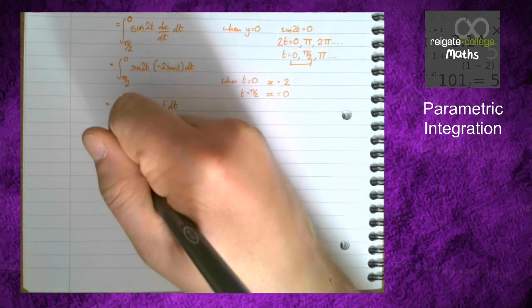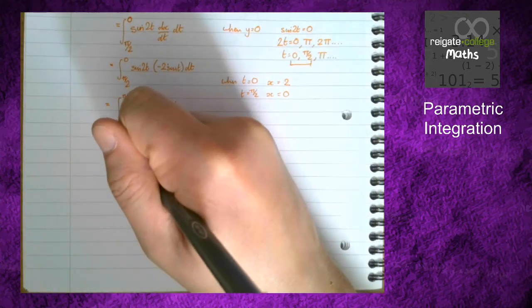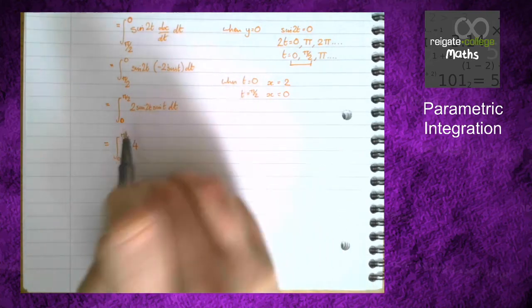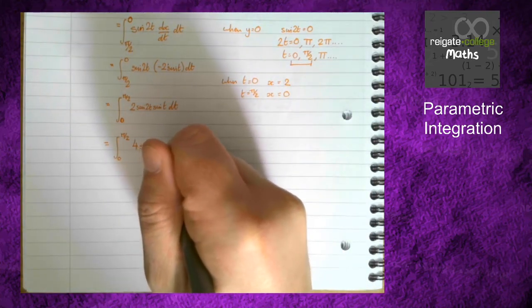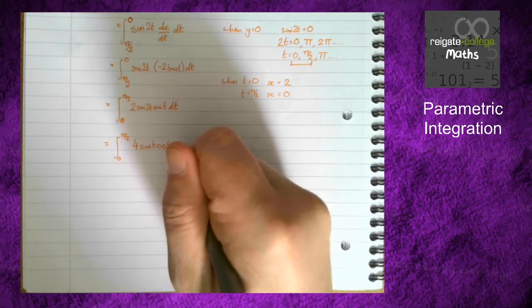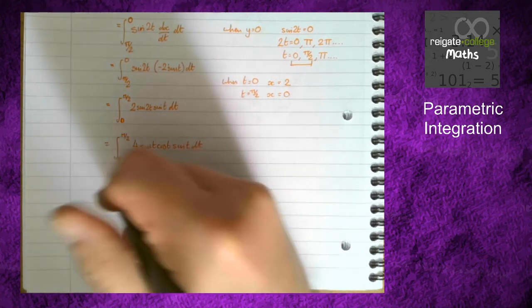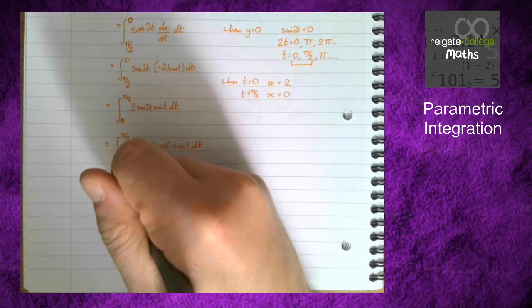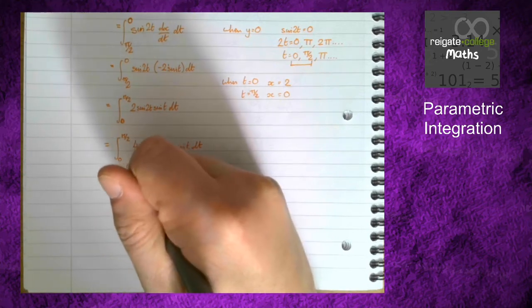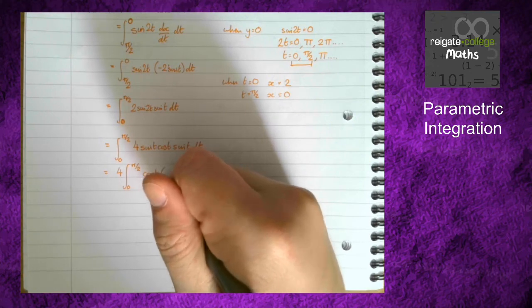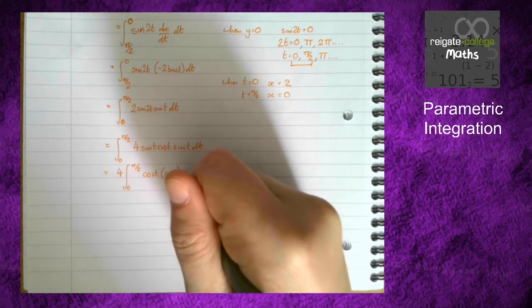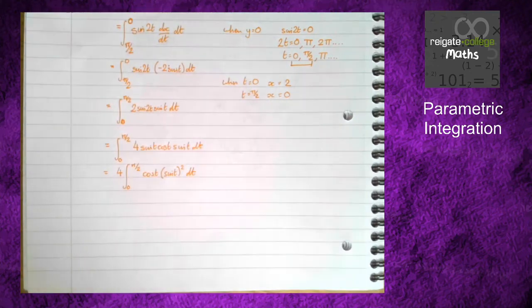So two times 2 sine t cos t times sine t dt. Tidying all that up, I'm going to stick the 4 on the front to get that out of the way. And we end up with cos t times sine squared t.